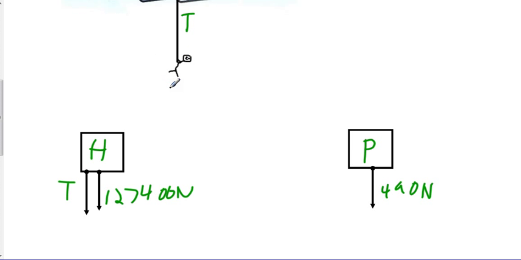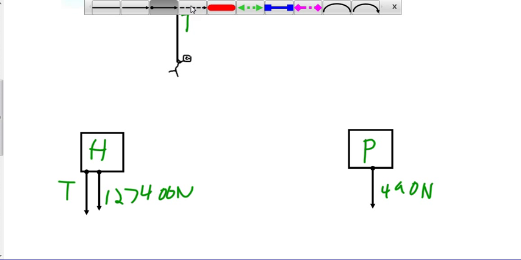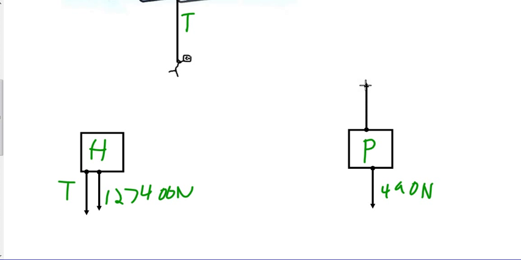And if we look at the human now, the person is holding onto the cable, and the person is pulling down on the cable, but the cable is pulling up on the person. And so the rope is pulling up. And because of Newton's third law, we know that these two tensions, these T's, are the same.